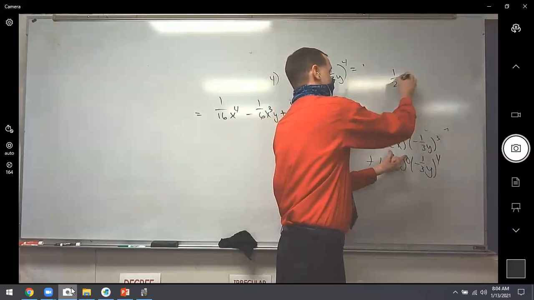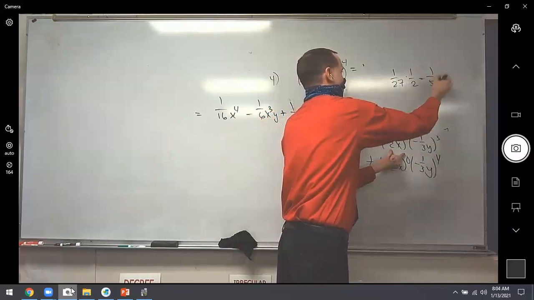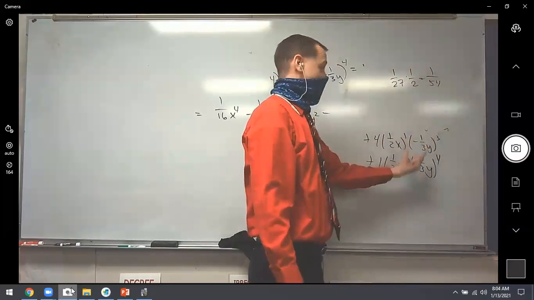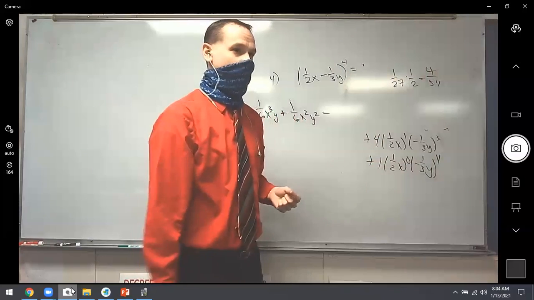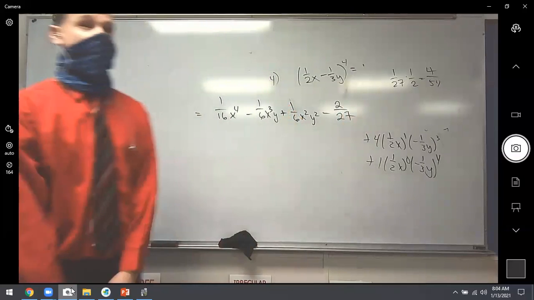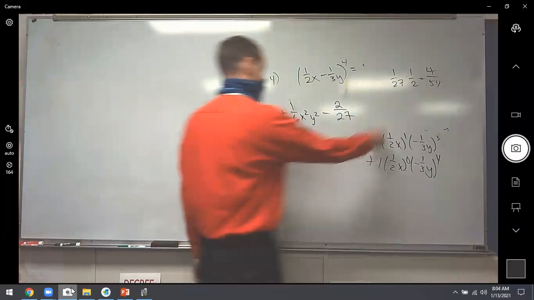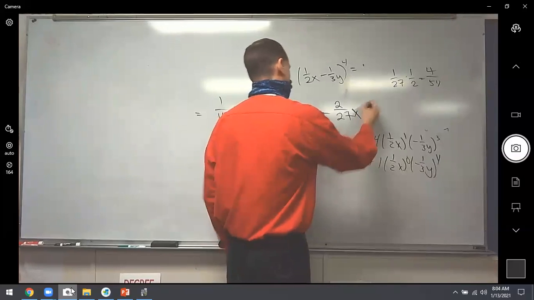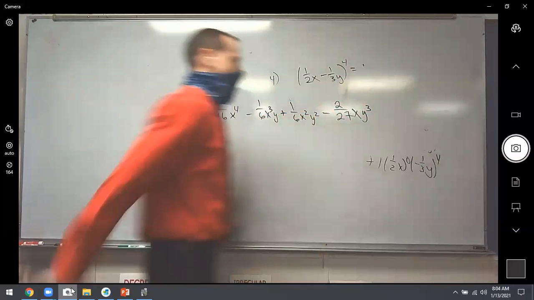This is getting too much to do orally. 1/27 times 1/2 is 1/54 if you multiply straight across. And that times 4 would be 4/54, which reduces to 2/27, because 2 goes into both of those numbers that many times. And the thing that's left is an x to the 1st, or just an x, and a y cubed. So now we got that term taken care of.